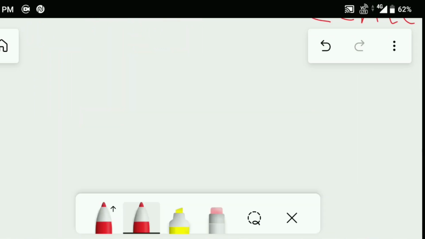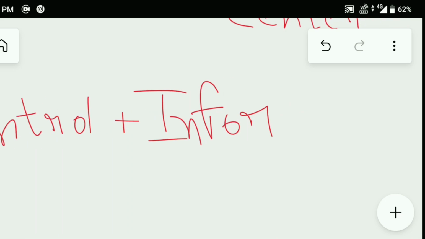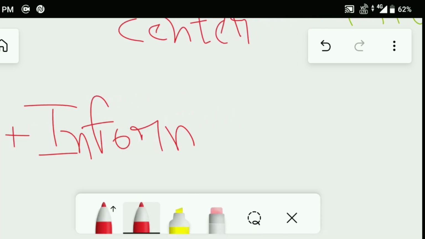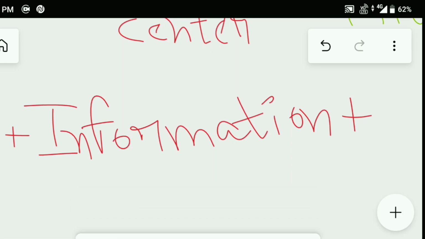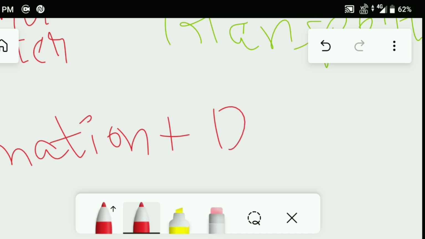You can learn the work of the nucleus in this way: control plus information plus division.